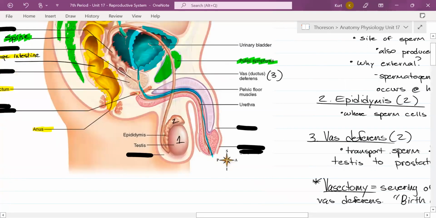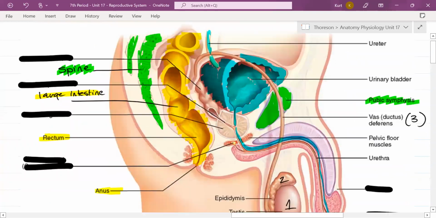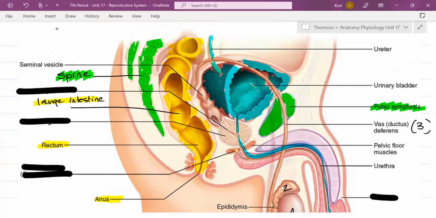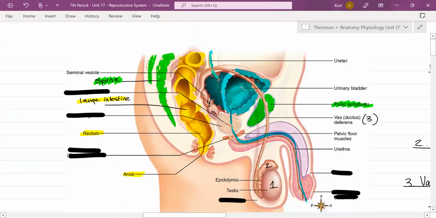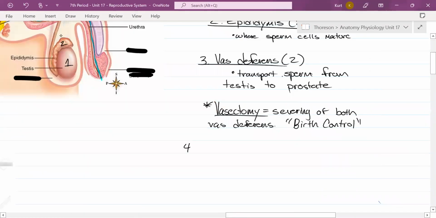So let's go to structure number 4. Structure number 4 is going to be the seminal vesicles or the seminal glands. This will be number 4 right here. Did I spell that right?